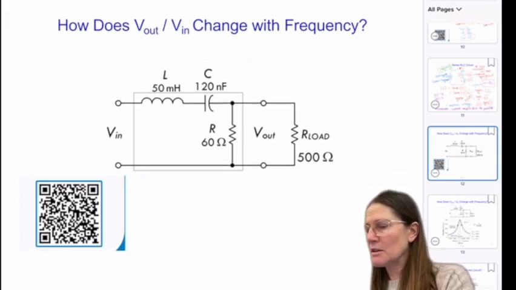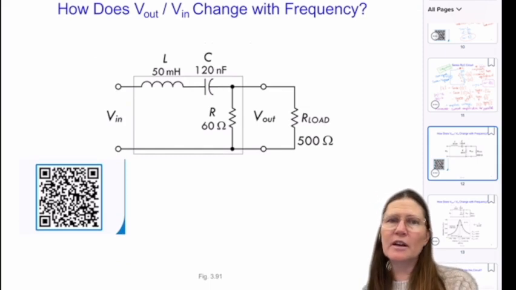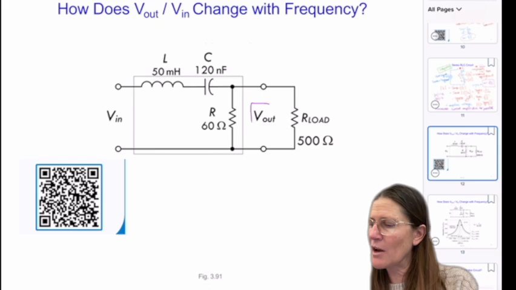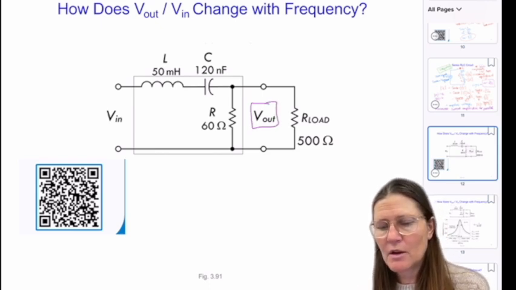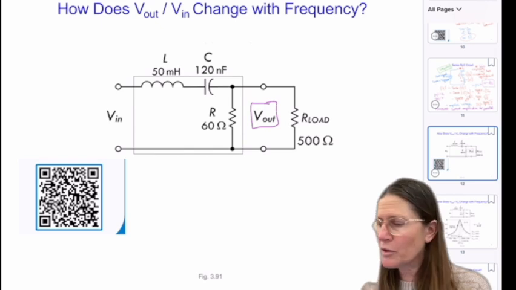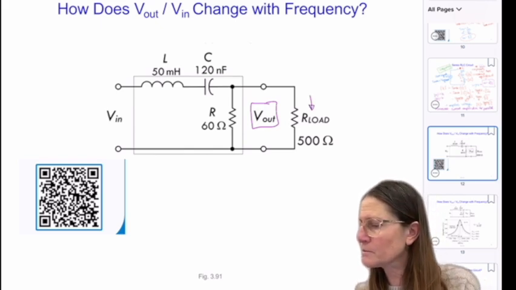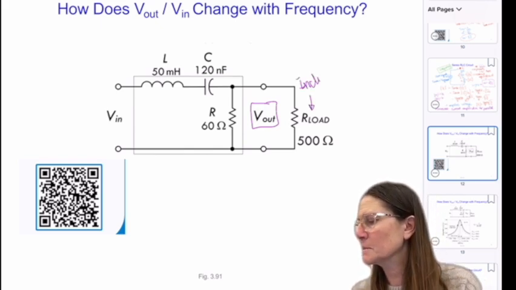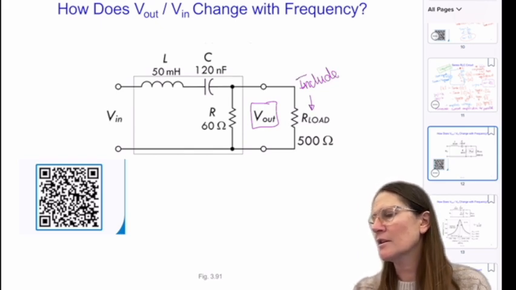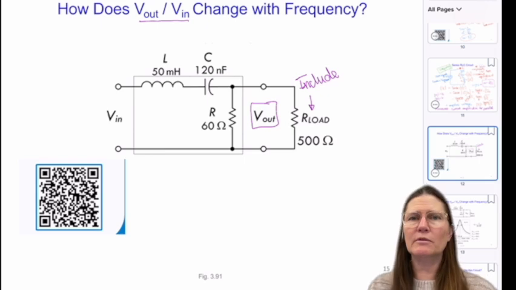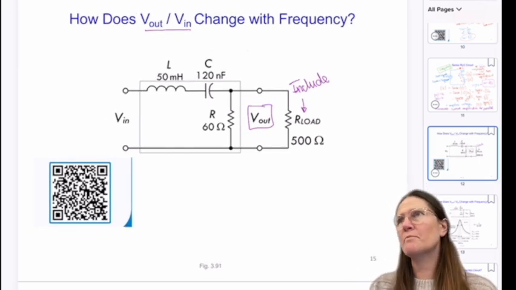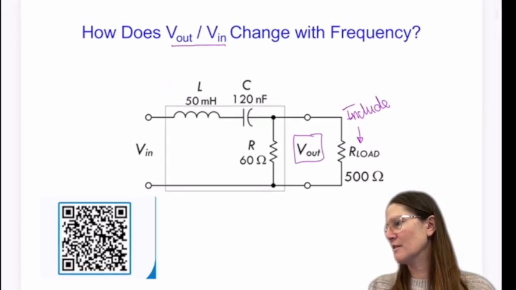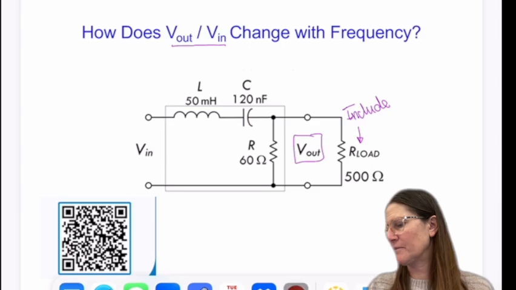So take a minute to convert this and find the output, which is V out over V in. Include the R load in that calculation. So try and get a transfer function equation for this.